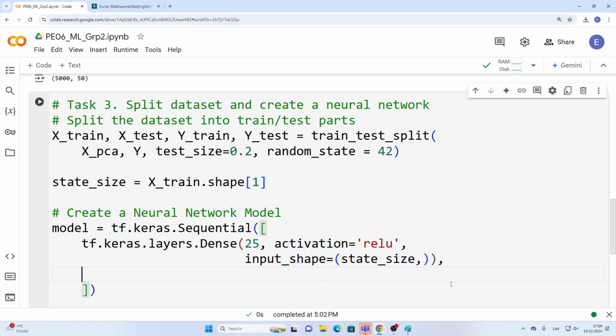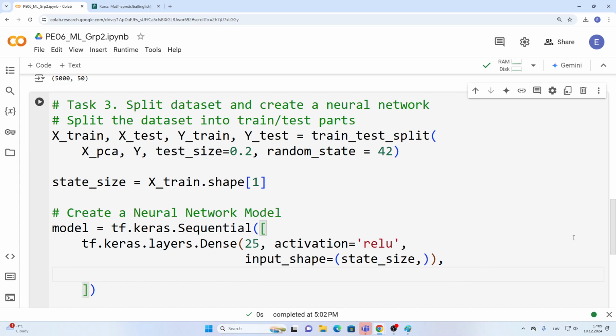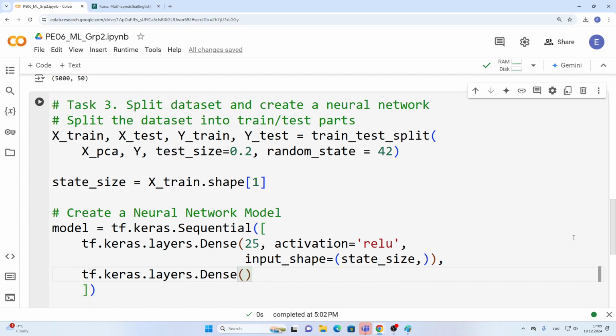Now let's make the output layer because we actually don't really need to have many layers here, because that's going to make our program slow and, as I said, not necessarily accurate. So this is also a dense layer. Dense layer means that every neuron is connected to each other in the layers.